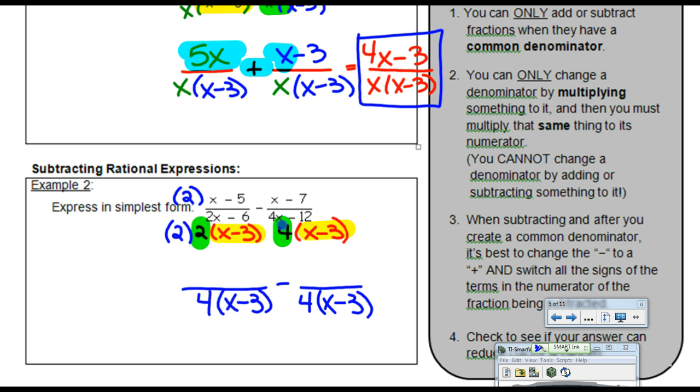So the numerator of the first fraction, you have to multiply a 2 with the whole entire numerator. So that's going to require you to distribute, and that's going to give you 2x take away 10. The second numerator did not change because the denominator didn't change, the numerator will not change. So this will stay x minus 7.